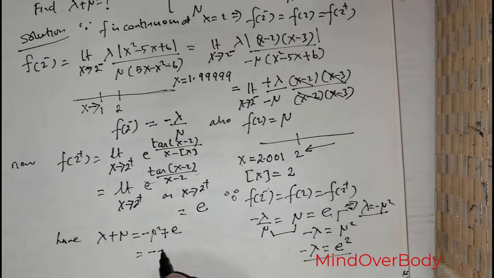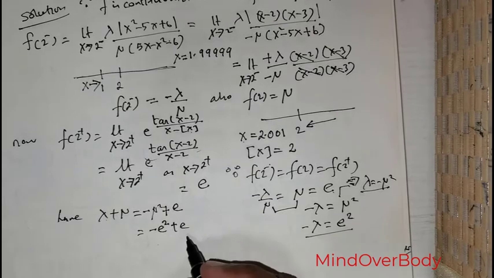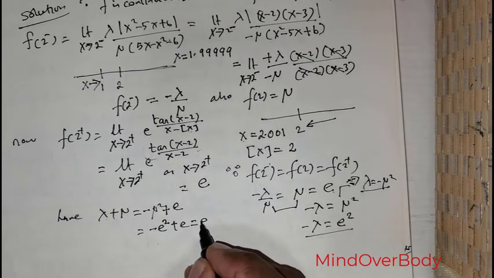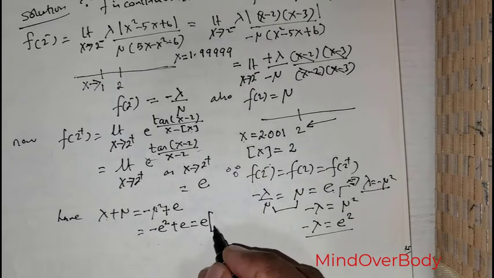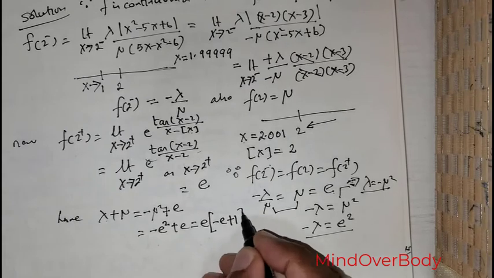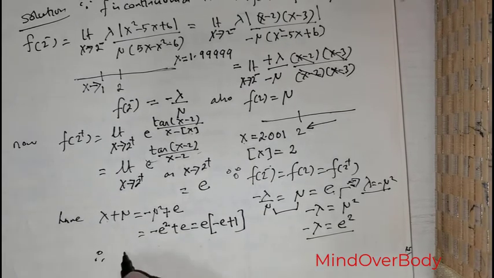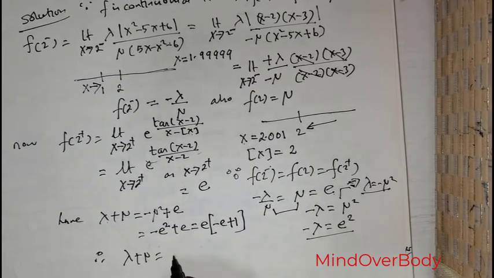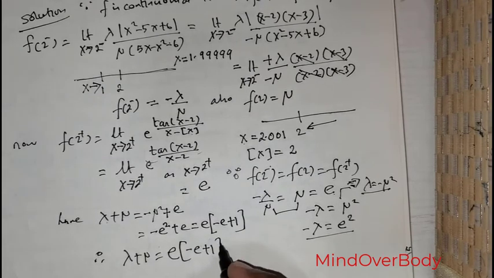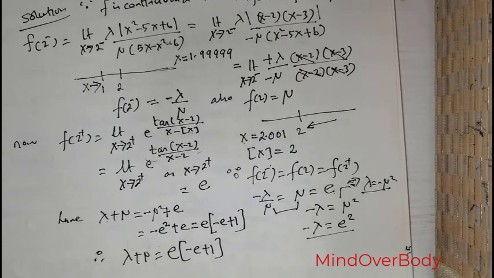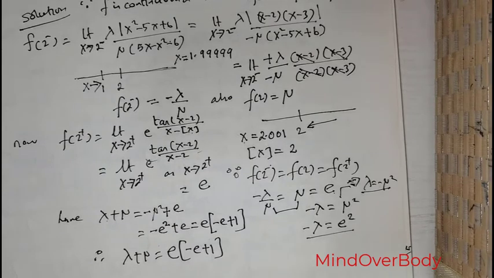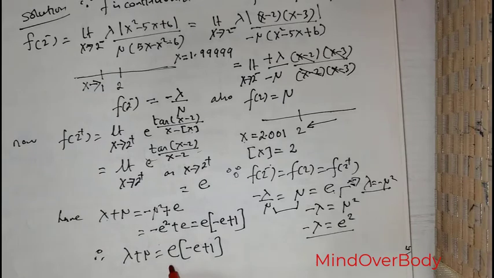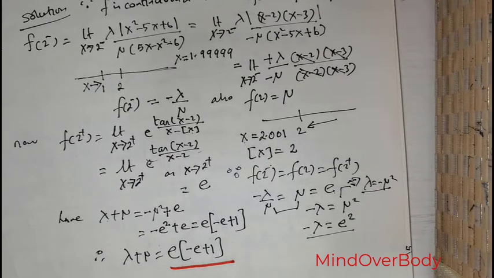So this is going to be negative e squared positive e. Now if I were to take my e out, this would give me negative e positive 1. So therefore lambda positive mu is e of negative e positive 1. So this is a beautiful result, and it is a good place for us to draw the red line.